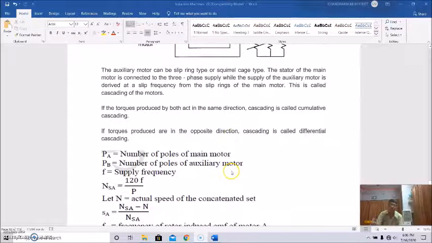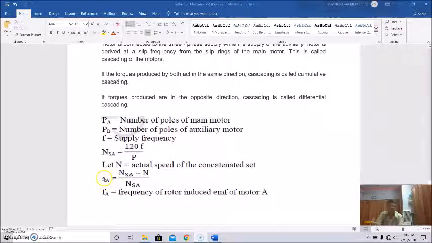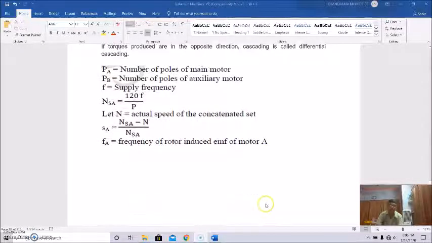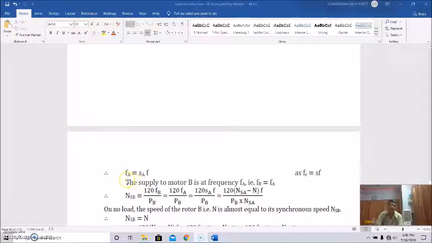Let the supply frequency be F. Then the synchronous speed of the main motor, motor A, is NS = 120F/P, and let N be the actual speed of the cascade set. Then the slip of the main motor A is (NSA - N)/NSA, as per the definition of slip, and the frequency of the rotor induced EMF of motor A equals the slip times the supply frequency.